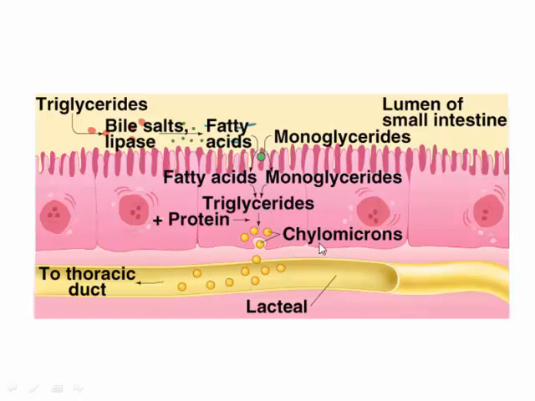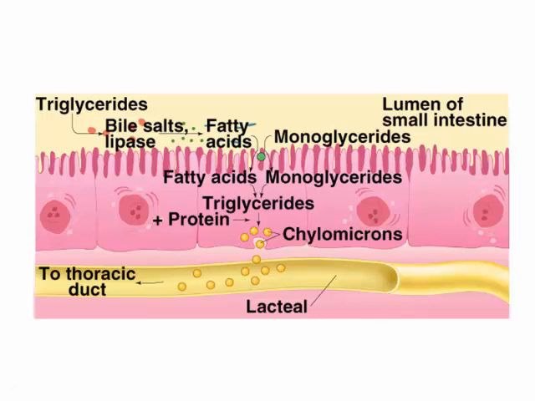New word. A lot of new words in these lectures, right? Chylomicrons, make your flashcards, okay? Chylomicrons then are released, looks like this is exocytosis, right? Then they come into the lacteal, where they're going to be taken off into the thoracic duct, and along the way go through lymph nodes.